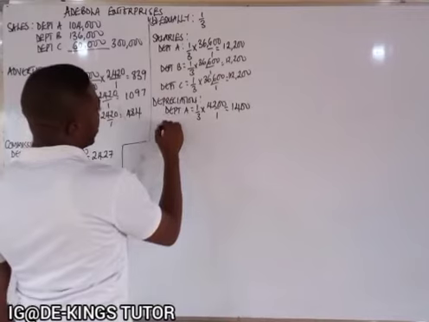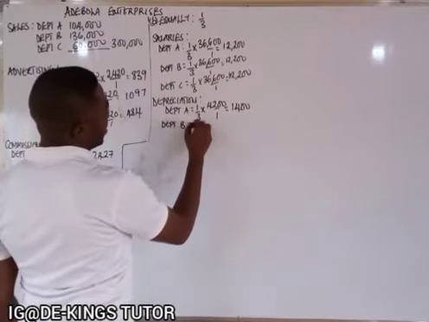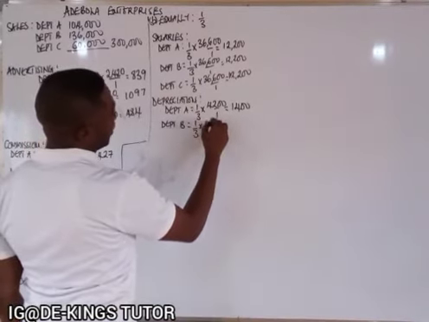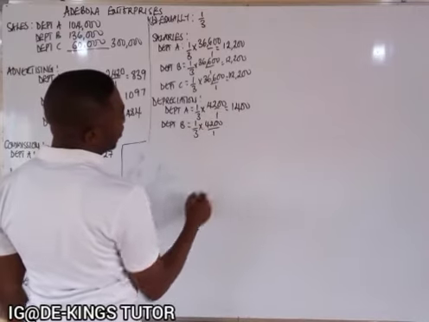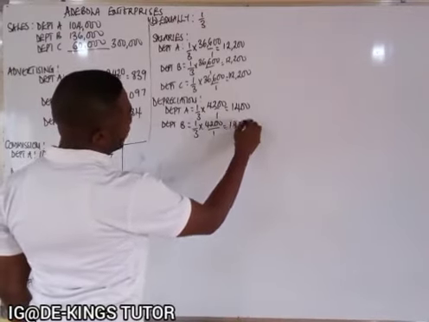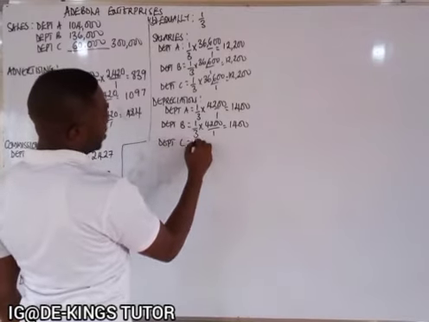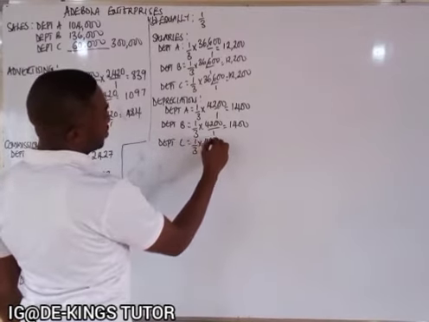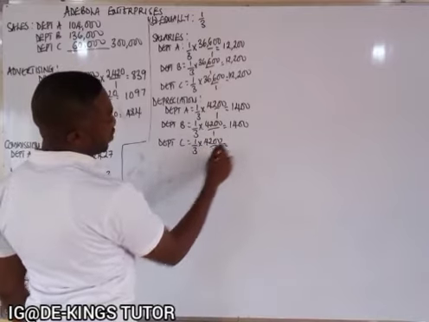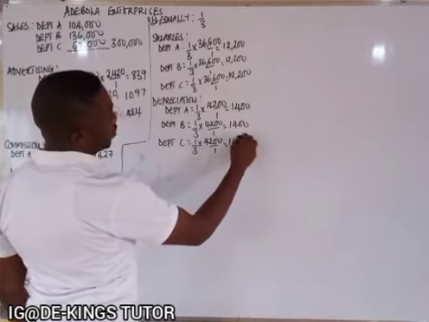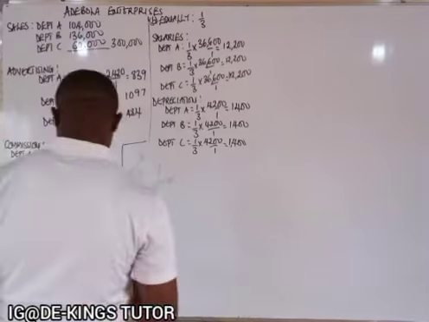Okay, the next is Department B, the same, 1/3 times 4,200 over 1 will give us 1,400, and the same for Department C, 1/3 times 4,200 will give us 1,400. Okay, so that's for depreciation.